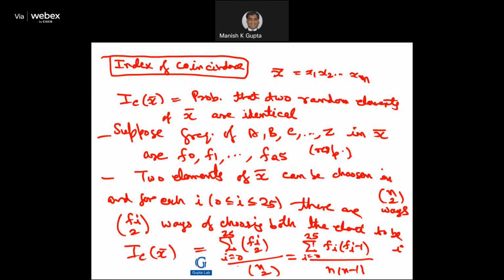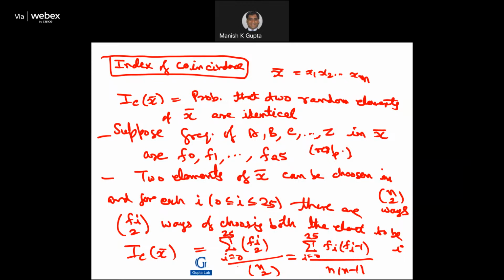Now, two elements of x can be chosen in how many ways? N choose 2 ways, right? And for each i between 0 to 25, there are fi choose 2 ways of choosing both the elements to be i. Correct? A simple calculation.